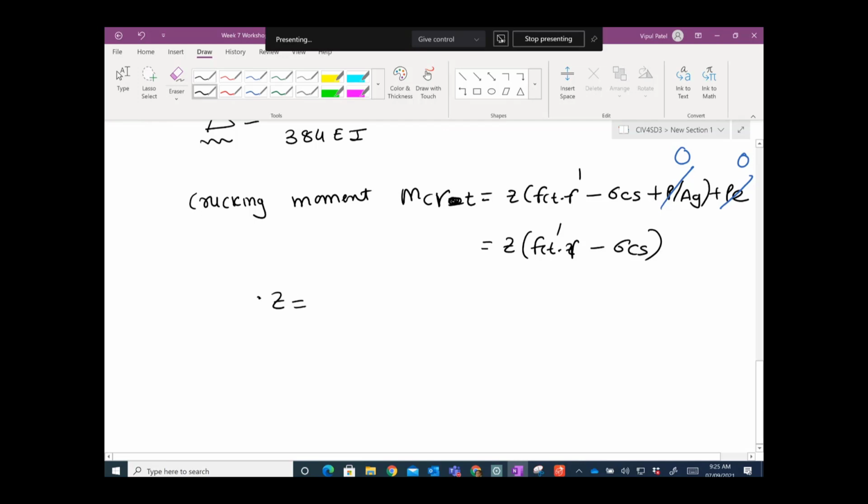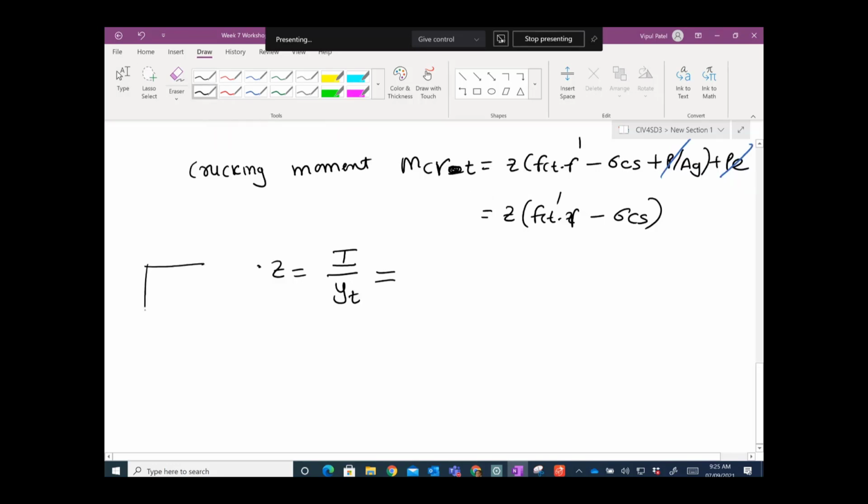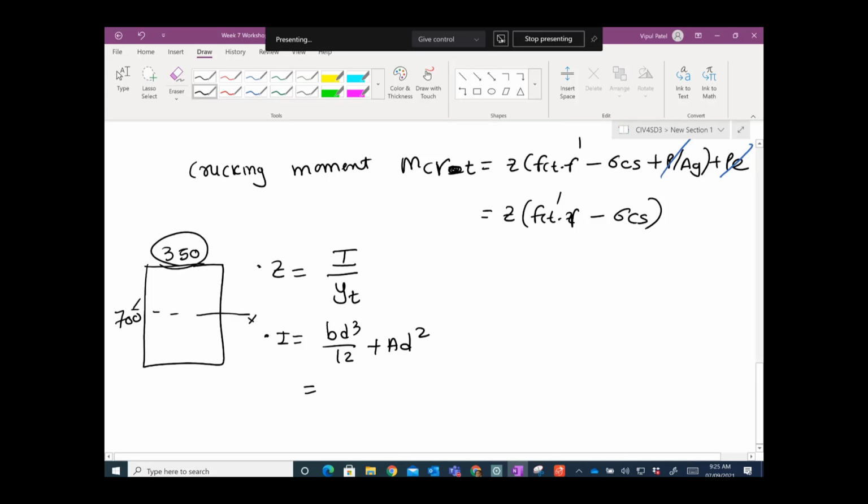Now the Z is I over Y_t. So the moment of inertia, we can just calculate first. Let's say the section is 700 by 350. I is equal to BD cubed over 12 plus A d squared. So B is 350, about the x axis coming from the centroid.